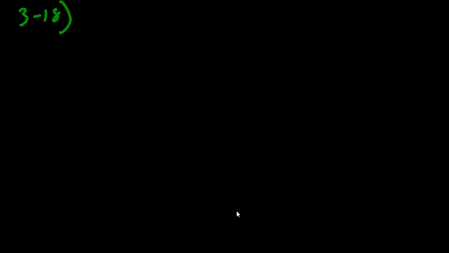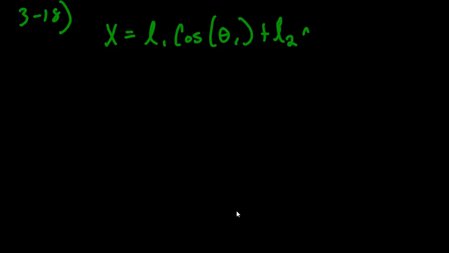So if we want to find x for any two-link robot, we're going to do it as x is equal to L1 cosine of theta 1 plus L2 cosine of theta 1 plus theta 2.